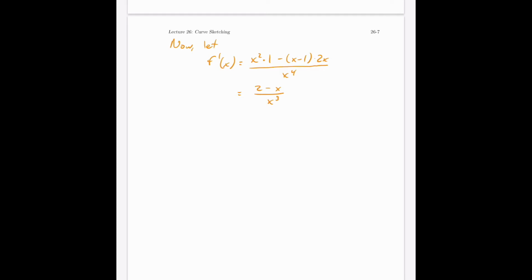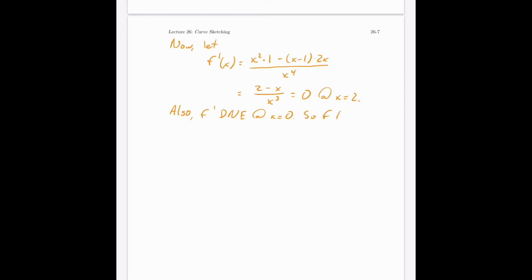Make sure to cancel out that extra factor of x when you simplify. And we're going to let this equal 0, and note that that's when x equals 2. Also worth noting, f prime does not exist when x equals 0. And that should not surprise us because f didn't exist when x equaled 0. 0 is not in the domain.